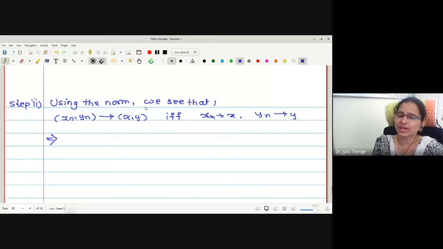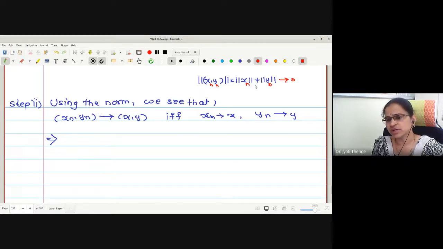Looking at the definition of the norm, what is the norm we have defined? This is the norm now. Check. If I am saying the norm of (xn, yn) tends to 0, which is norm xn plus norm yn, addition of two non-negative terms tending to 0, therefore may I say equivalently norm xn tends to 0.